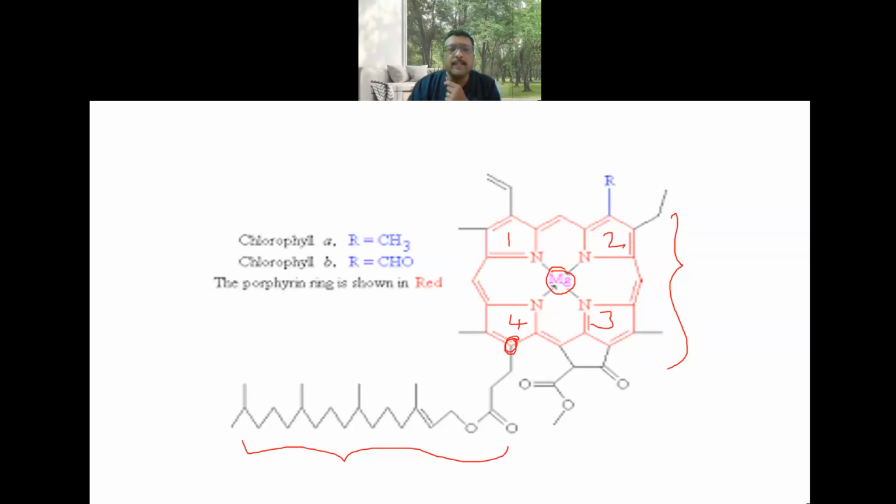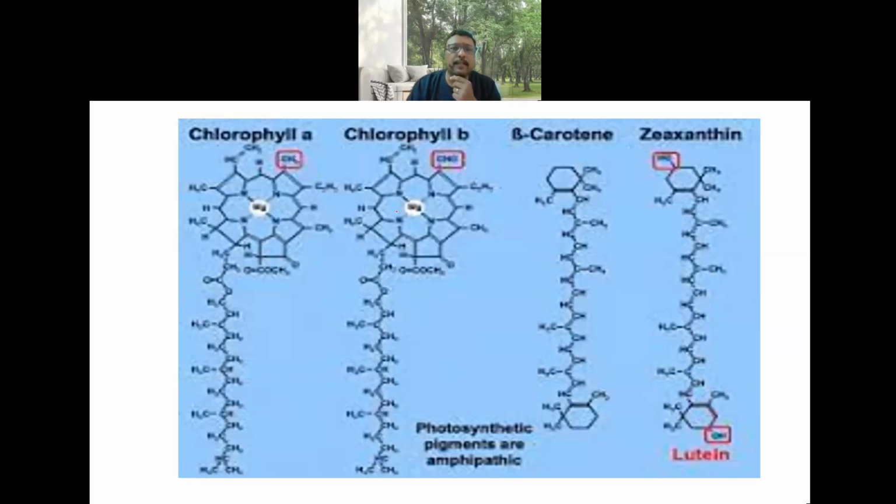The main difference between chlorophyll A and B is in the second pyrrole ring at the third carbon atom, where a methyl group is present in the case of chlorophyll A and an aldehyde group is present in the case of B. So that is the only difference in chlorophyll A and chlorophyll B structure.